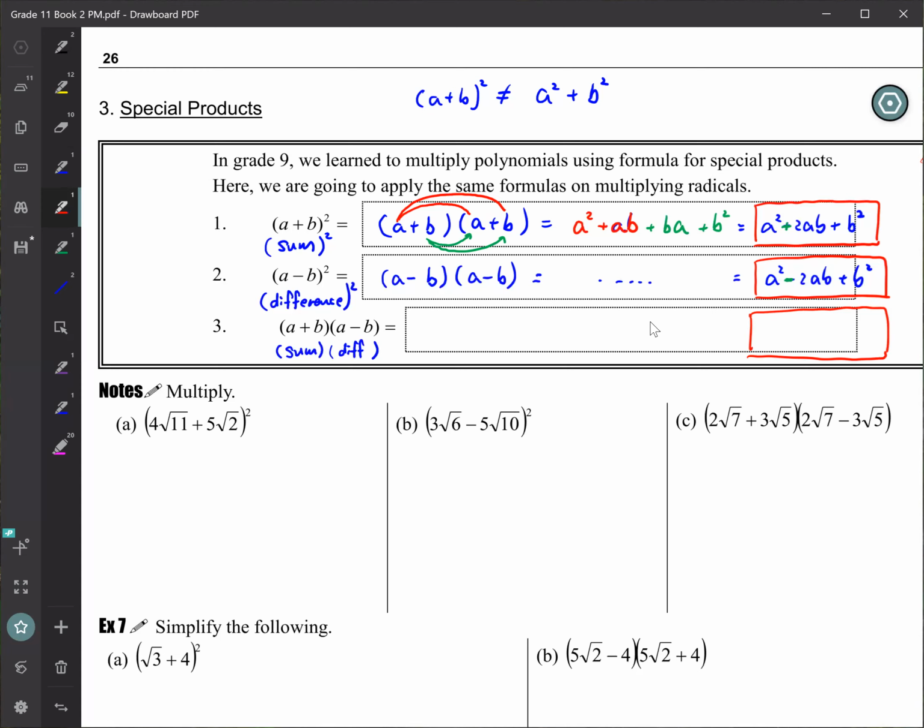Selena, do you need any help expanding? Selena, what's your answer? I'm sorry, I haven't done it yet. I was trying to move to a quieter spot. Okay.